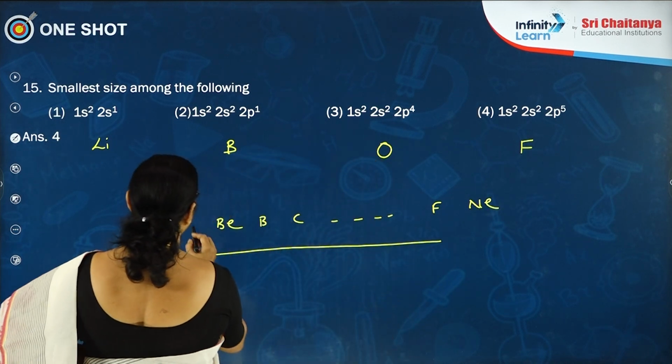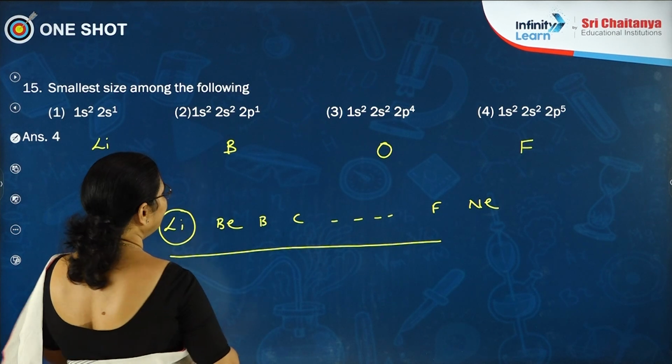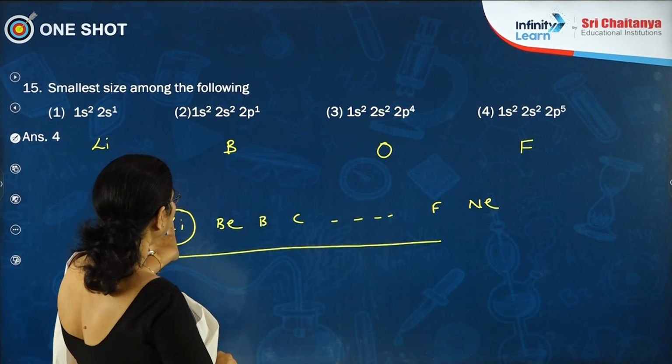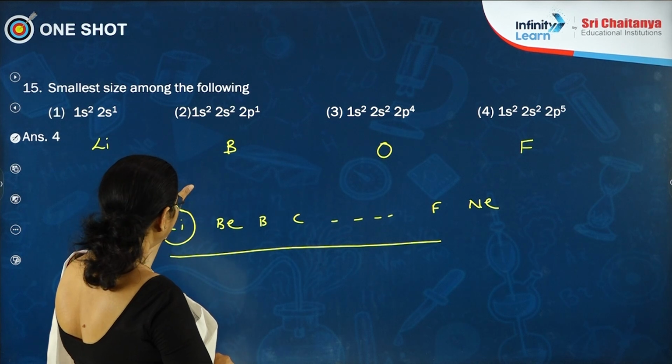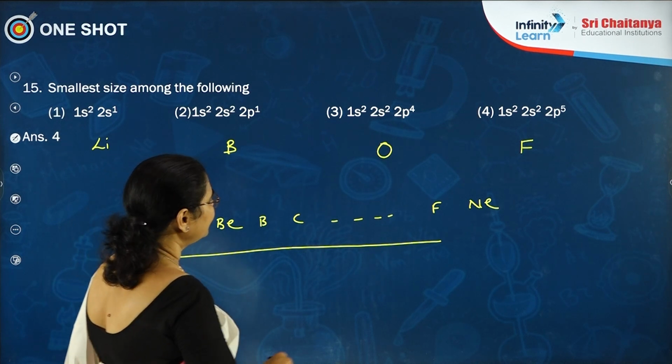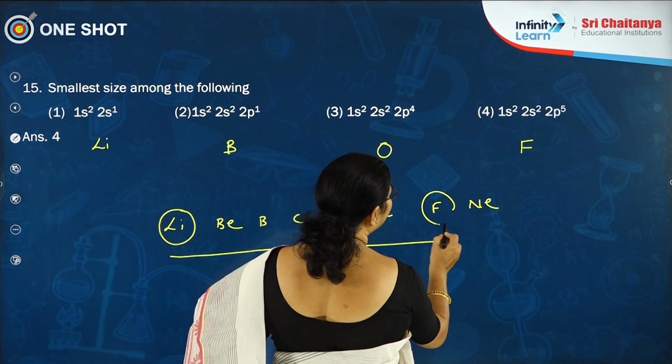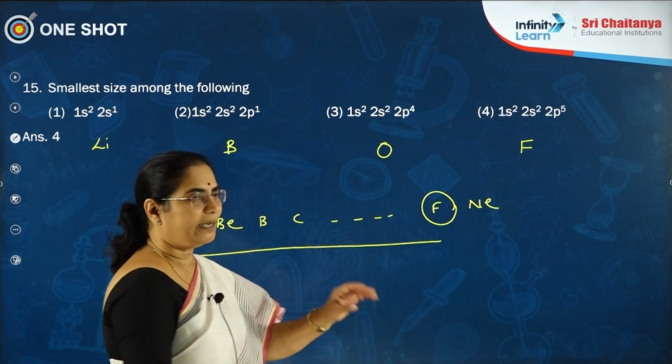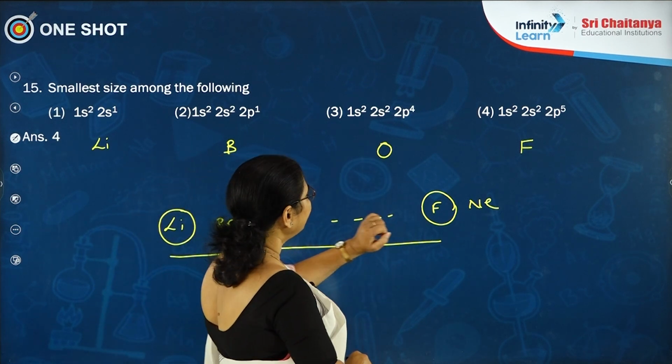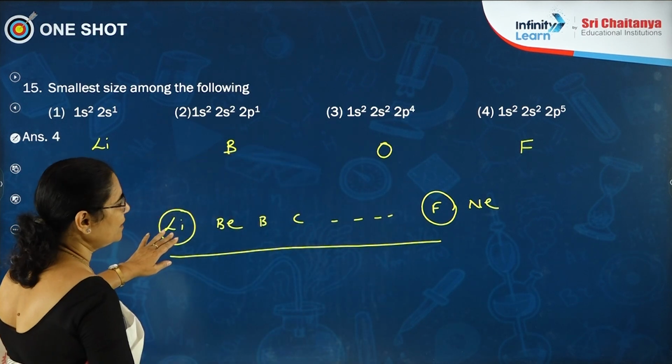All of you listen, the largest radius in any period is for the first group element. In every period lowest atomic radius is for halogens, largest is for lithium.